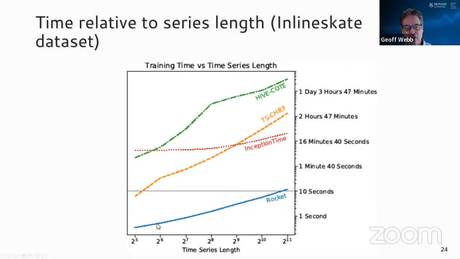We can see that Rocket scales at a linear rate with respect to the series length, whereas Hivecoat, which was the most accurate classifier, requires much more time.